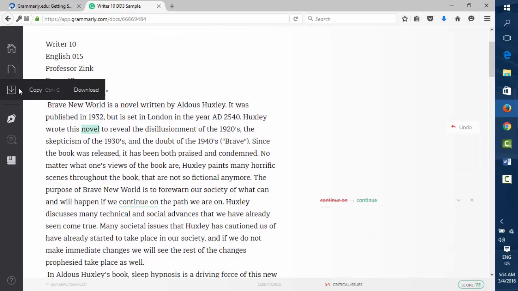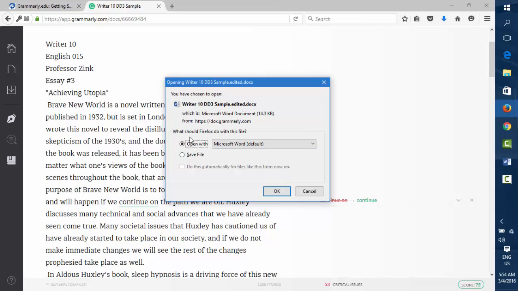So once I go to download this, I'll click download and see, it allows me to download it right back into a Word file. And so once you're done with this, you're going to have a revised, edited document. Okay, and that's the beauty of this.